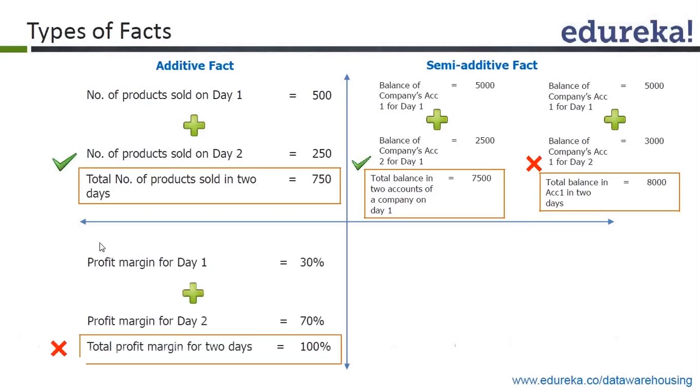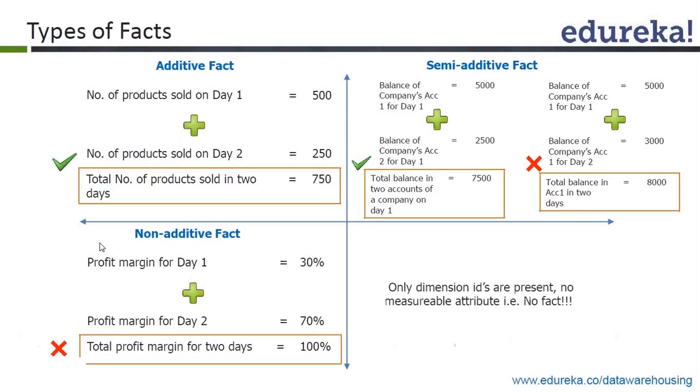That doesn't mean that your company has a profit margin of 100% for these 2 days. You cannot add profit margins. So these types of facts are called non-additive facts. In this case you cannot add the measures together to get the total value, you cannot mathematically summarize these measures.